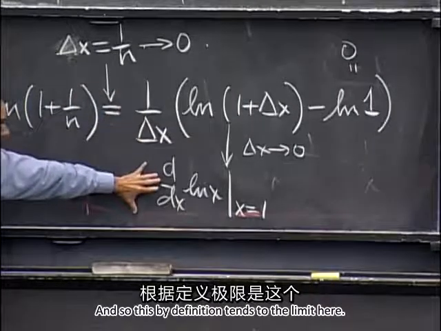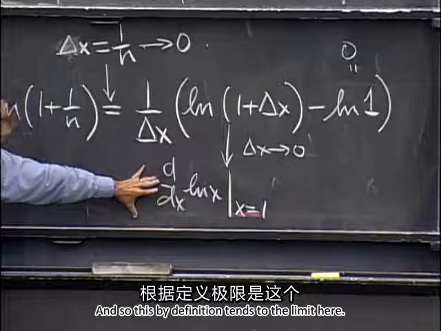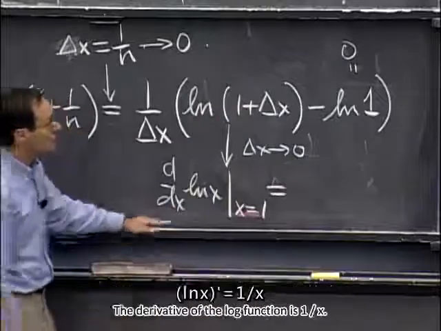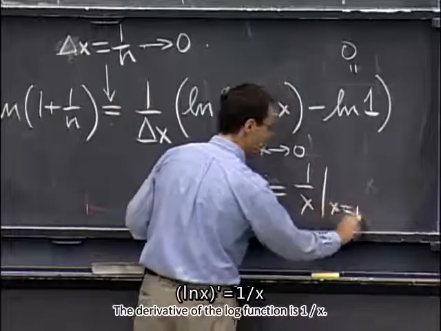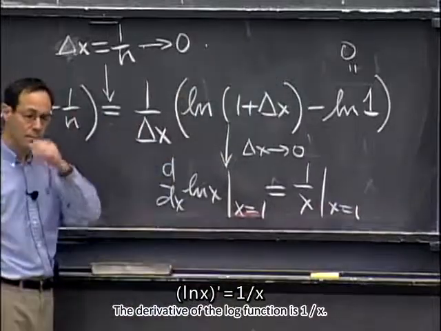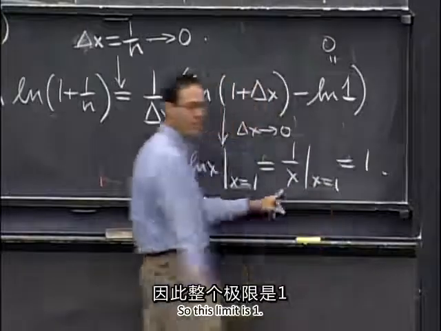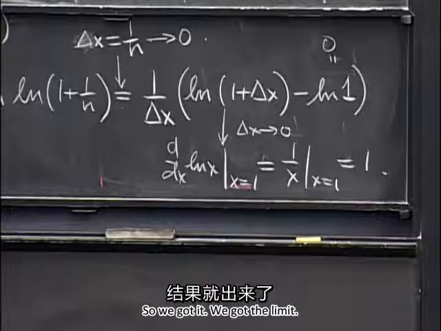And so this, by definition, tends to this limit here. But we know what the derivative of the log function is. The derivative of the log function is 1 over x. So this limit is 1.